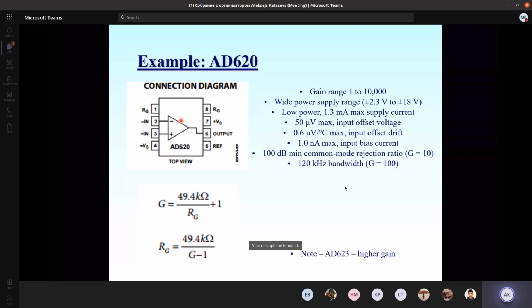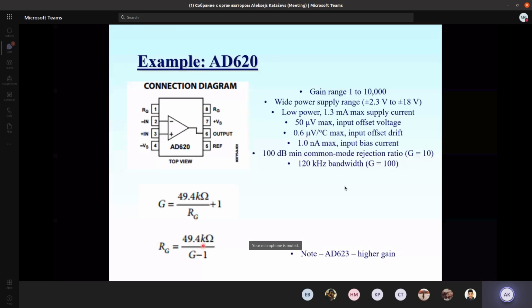For the AD620, the relationship between the resistor RG and the gain is expressed like that. So here is a relationship between gain and RG, and here is a relationship between RG and gain.